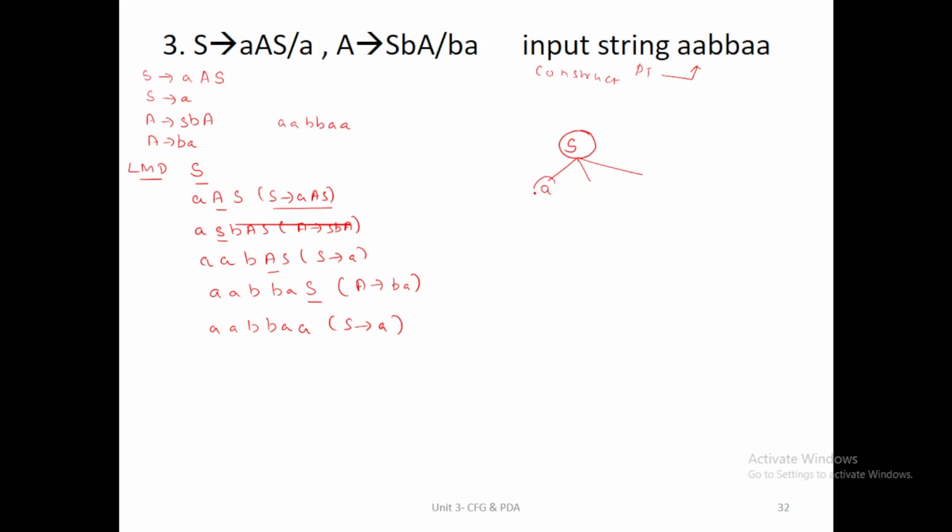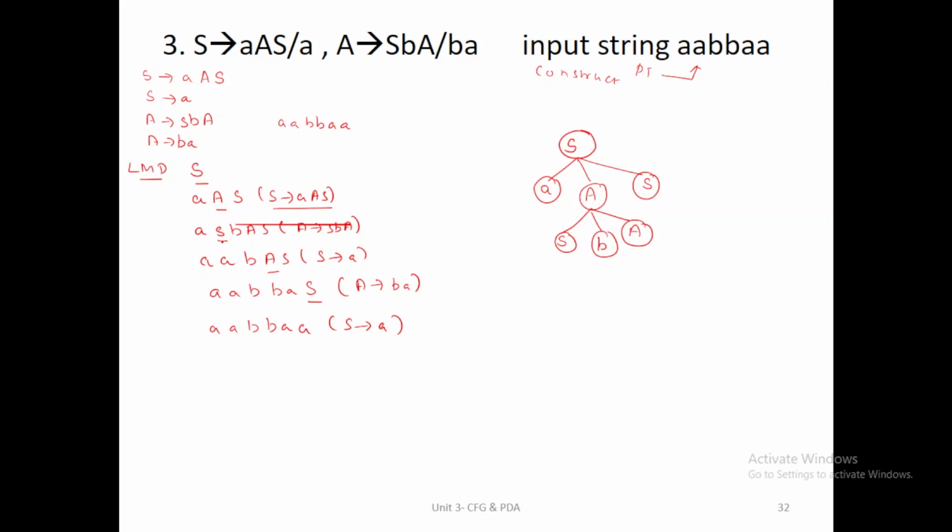The first symbol is a, the second symbol is capital A, the third symbol is capital S. Then in the second step, A should be replaced as SbA. So this A is split again as SbA, and you draw only that part. Then you go to the fourth step.